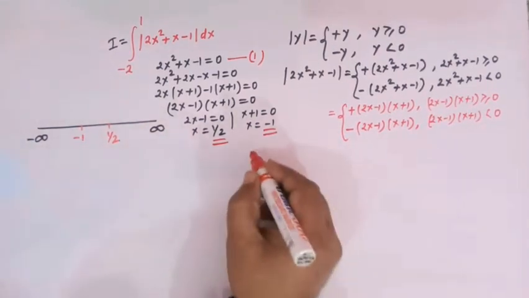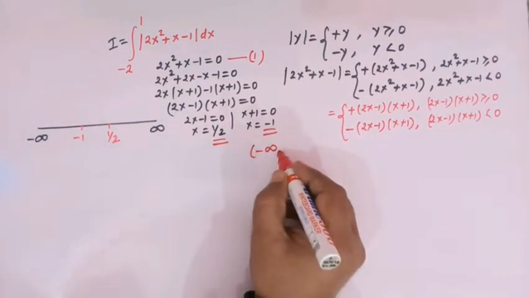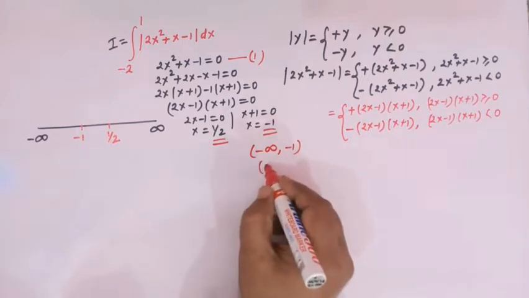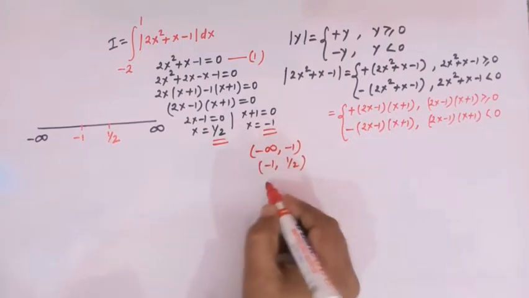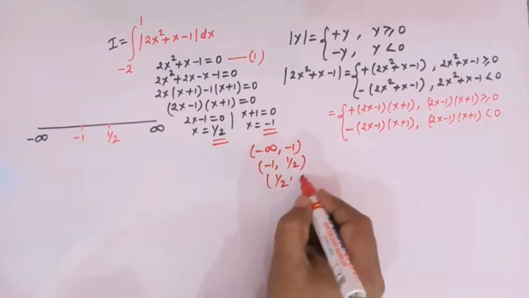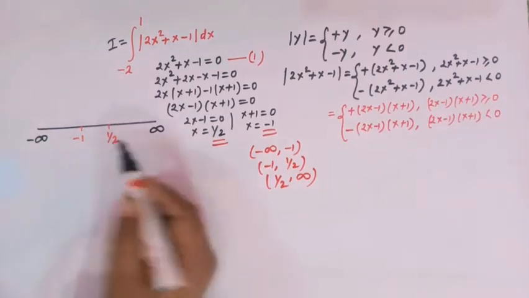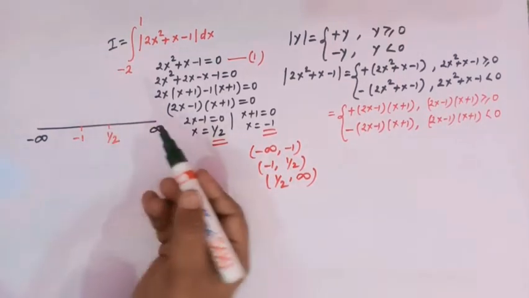The first one is the interval −infinity to −1, the second one is −1 to 1/2, and the third one is 1/2 to infinity. Now we have to assign a sign to these intervals.